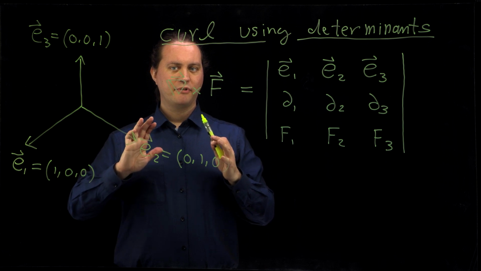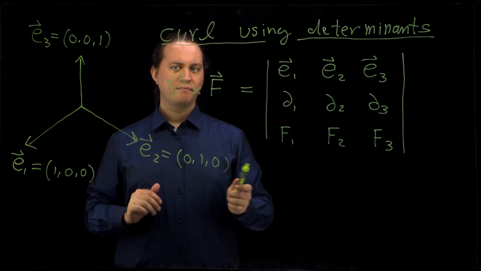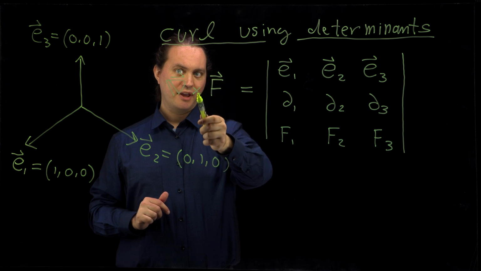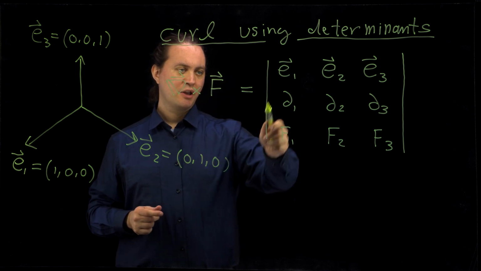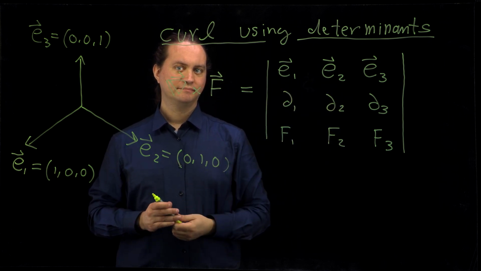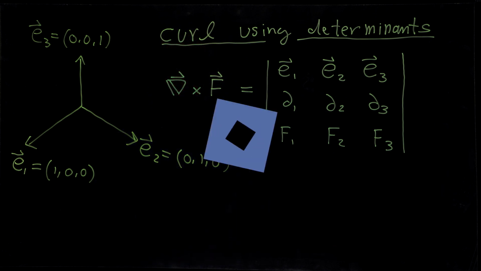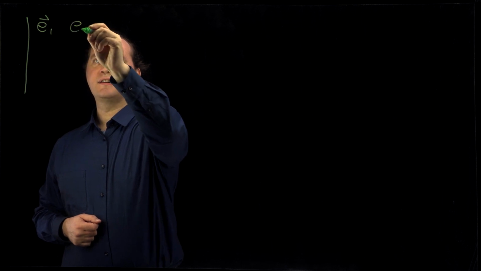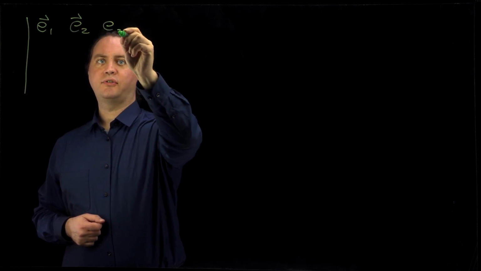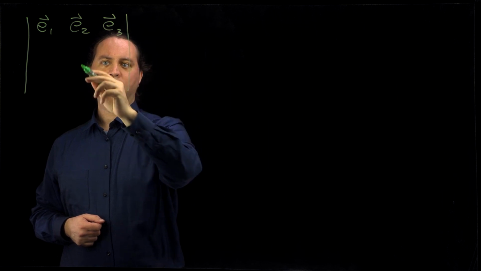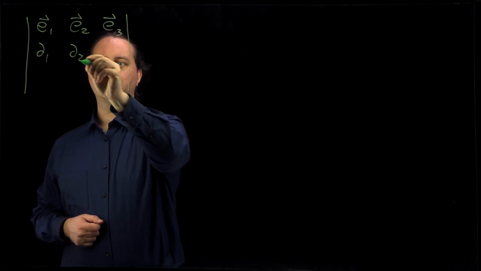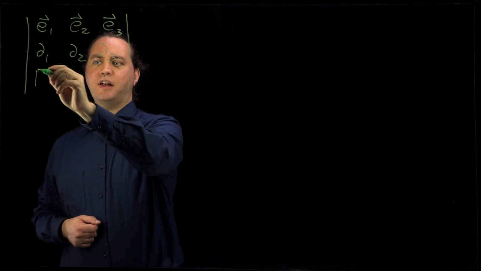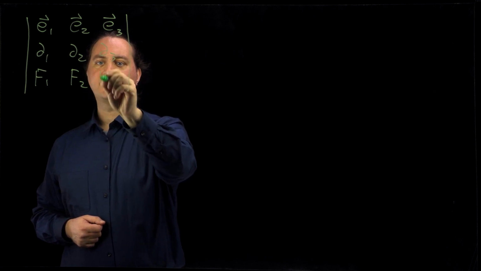But for the time being, we ignore such issues, and we take a look at how we can recover our formula for the curl operator from this determinant here. The formal computation starts with the formal determinant. So we take the determinant E1, E2, E3, del1, del2, del3, and F1, F2, and F3.